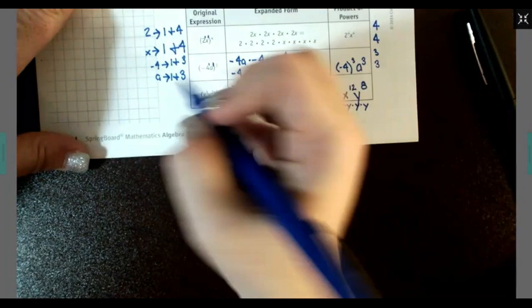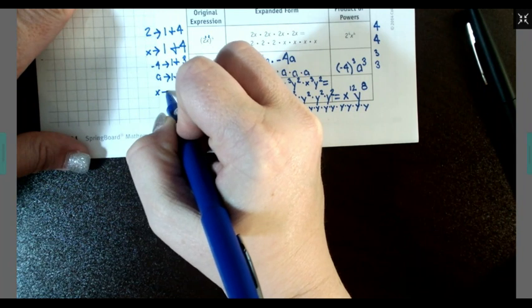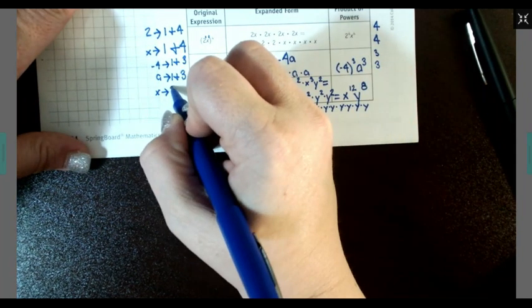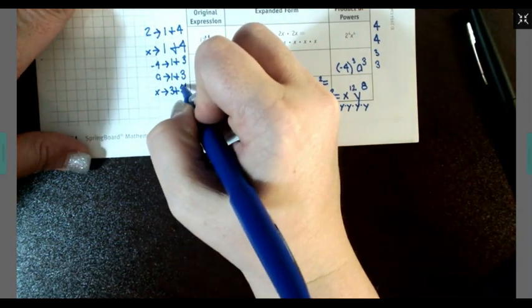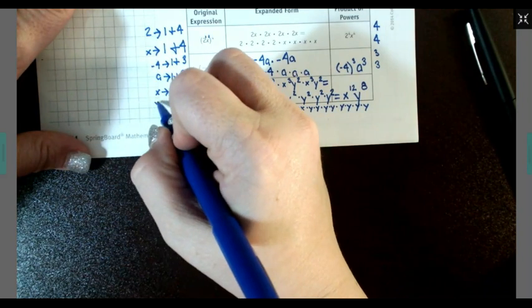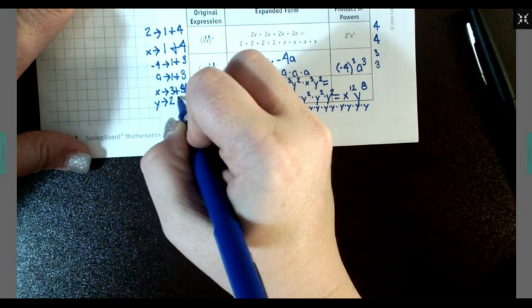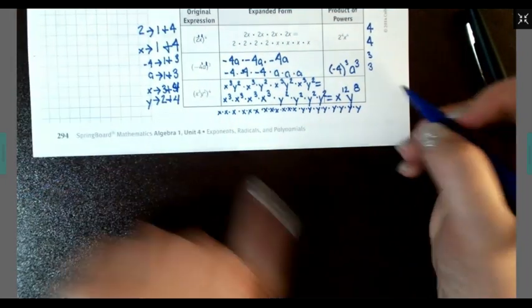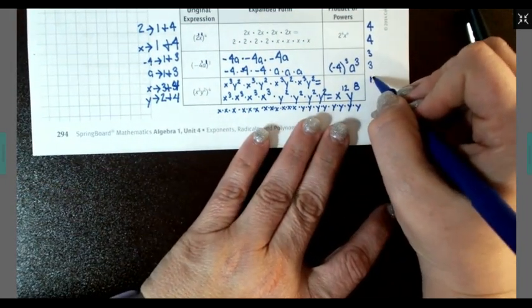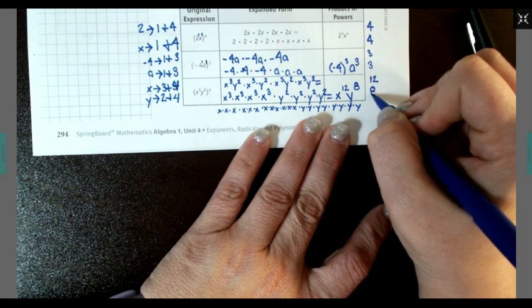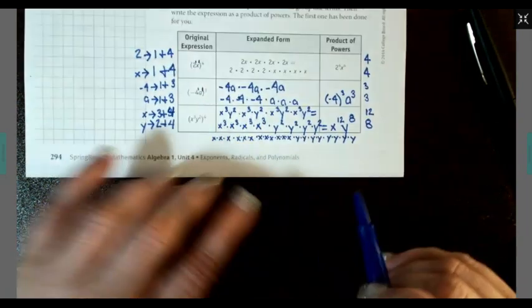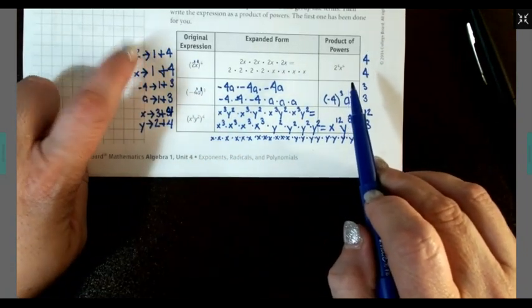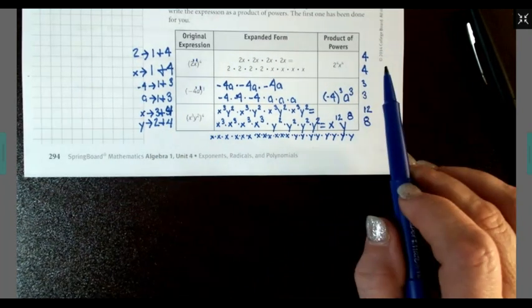Let's take a look at this last one. The x has an exponent of 3, and then the 4 on the outside. And the y has an exponent of 2, and again, that 4 is still on the outside. Over here, the x had an exponent of 12, and the y had an exponent of 8. How did we get from these numbers over here to these exponents over here?